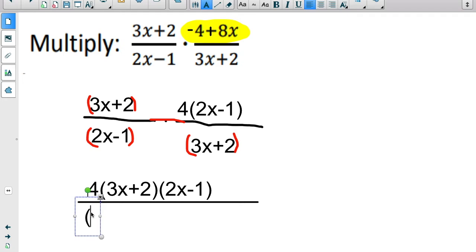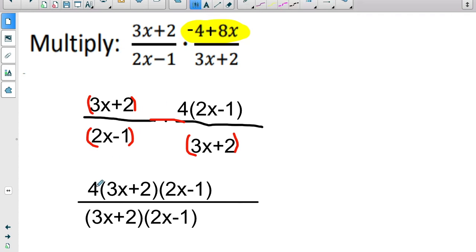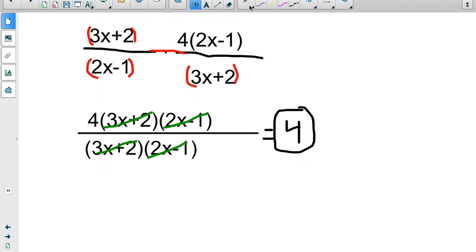Now the denominator would be 3x plus 2 times 2x minus 1 is what we would get. And seeing this here, because they're multiplied, the 3x plus 2 and the 3x plus 2 would cancel. The 2x minus 1 and 2x minus 1 would cancel, leaving us with our final answer of 4. And that's it. That's all we have to do for this one here.